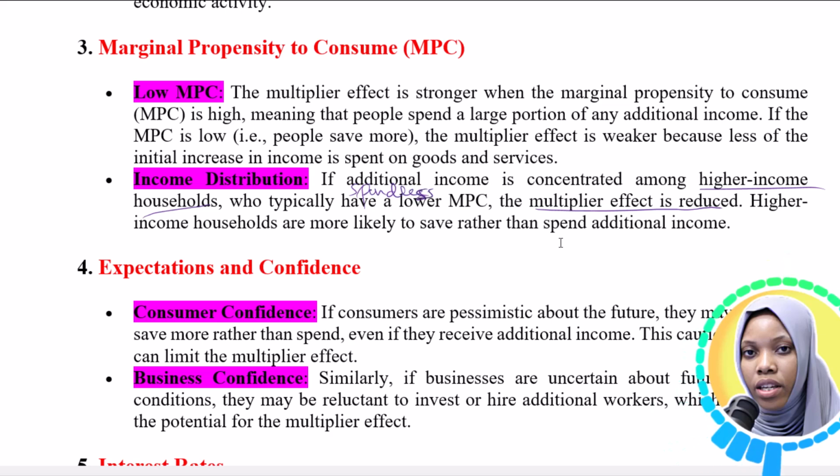If you spend less, then the multiplier is reduced. You have to spend more to have a higher multiplier.